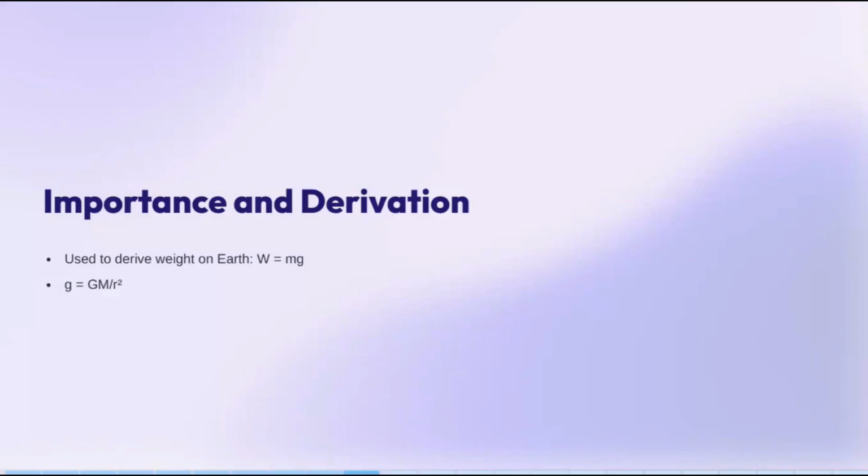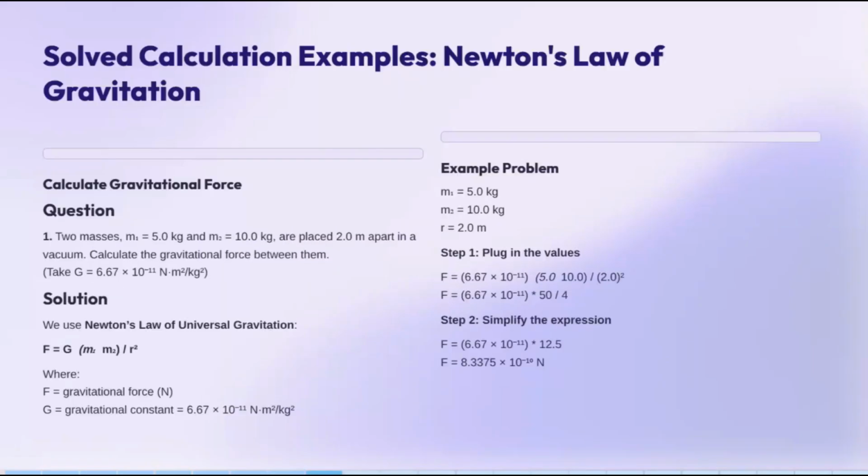And that gravitational force, the formula F is equal to W, because force is always equal to weight. Force is mass times acceleration. Weight is mass times acceleration, but now due to gravity. So you can equate both of them together, and you will have mg equal to our first formula, G m1 m2 over r squared.